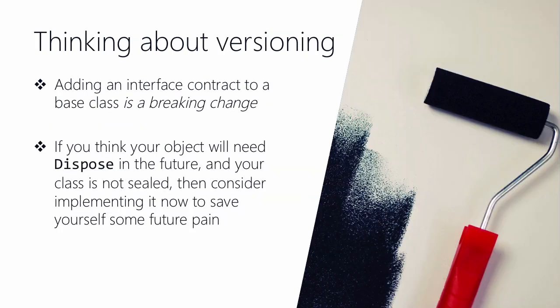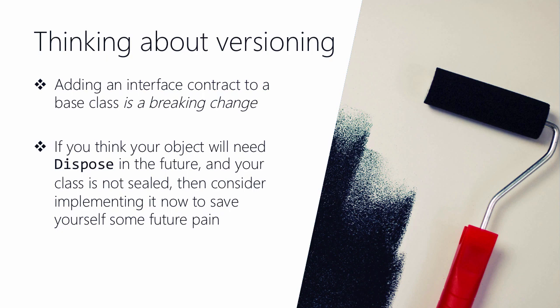In fact, I'm even going to say that if you anticipate that you might need a disposable interface at any point in the future, even if you're not doing it today, and your class is not sealed, then you should go ahead and implement the disposable pattern right up front. Because trying to bake it in after the fact, after other clients are deriving from you or potentially deriving from you, is going to be a nightmare because it's going to be a breaking contract change in your types.